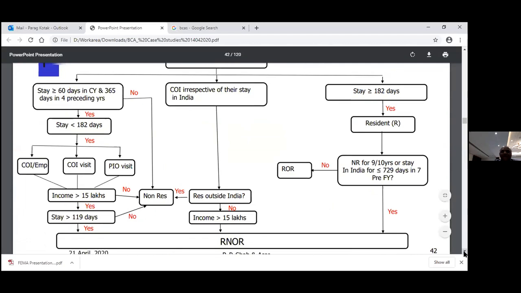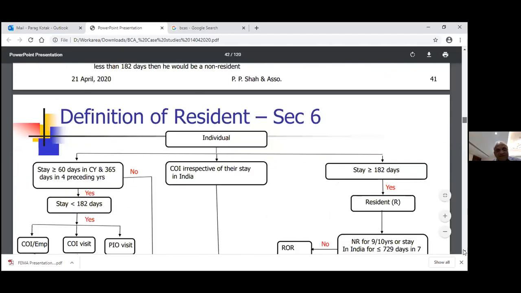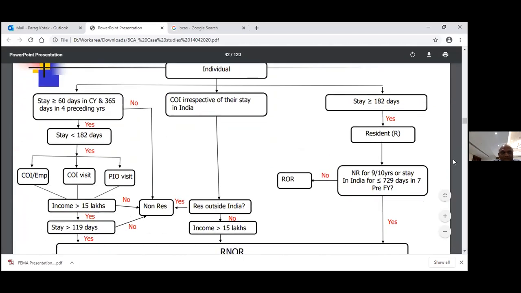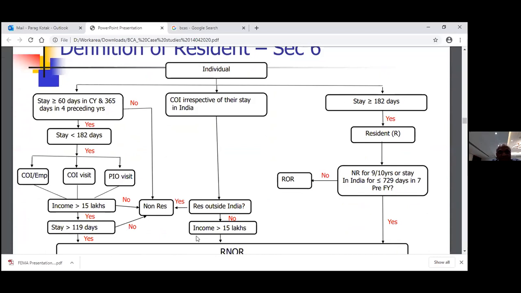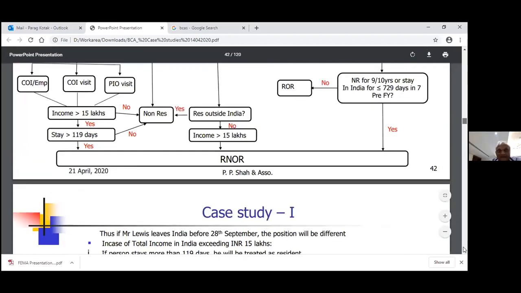Yes. I have put up this provision, which is newly inserted in the definition of resident under section 6. The main difficulty for Mr. Lewis is explanation B to section 6(1), whereby his income is more than 15 lakhs in India and his stay is also more than 119 days in India, which makes him not ordinarily resident in India.